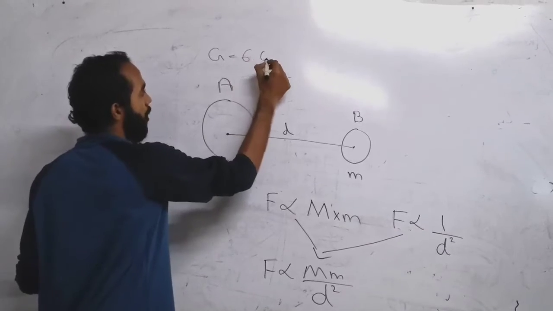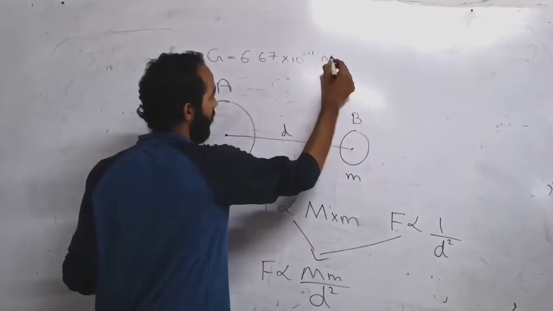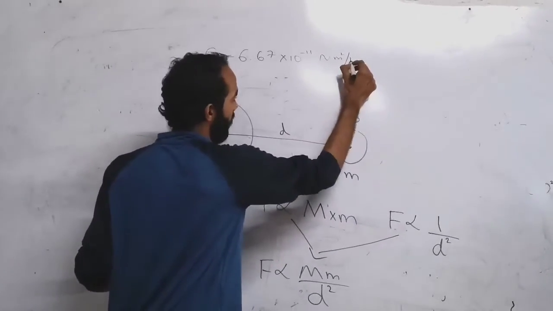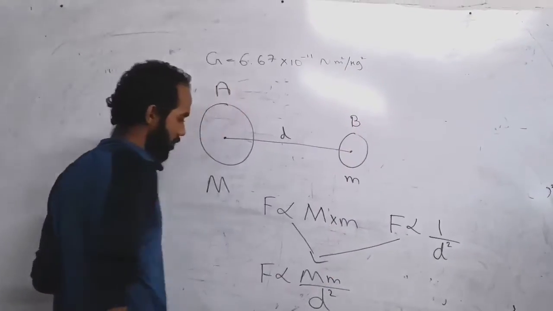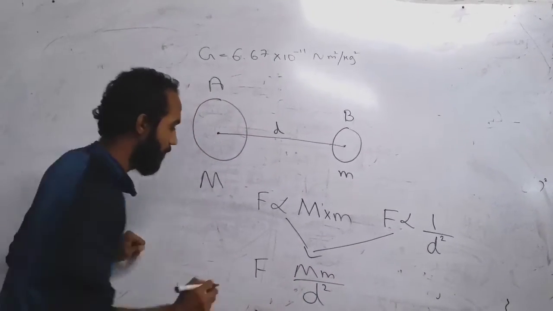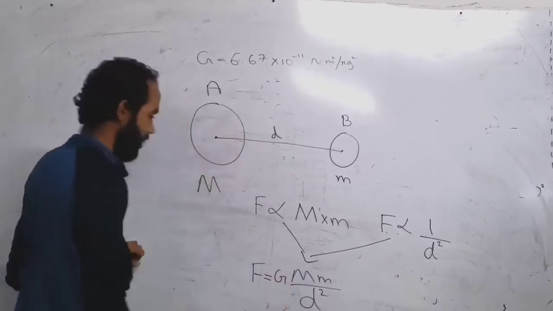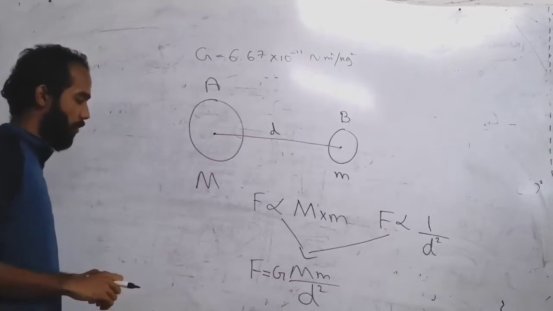Its value is 6.67 times 10 raised to minus 11 newton meter square per kilogram square. So we are removing the proportionality, and to bring in the equal sign, we have added the constant G. So this is the equation of gravitational force.